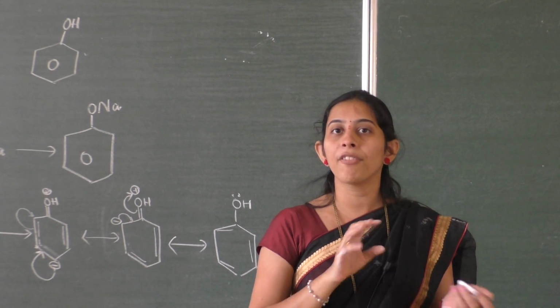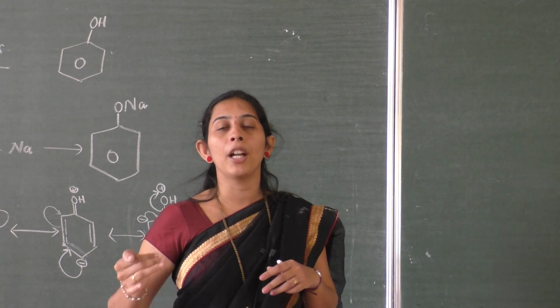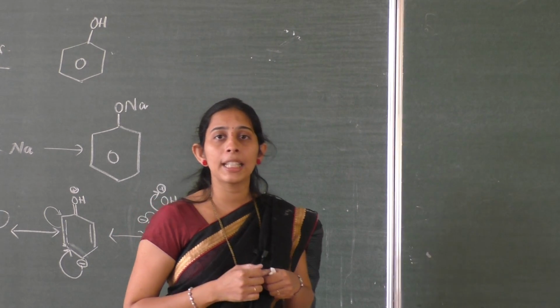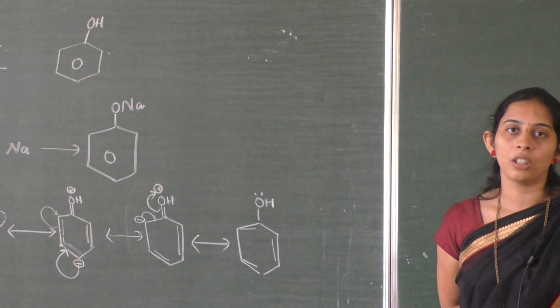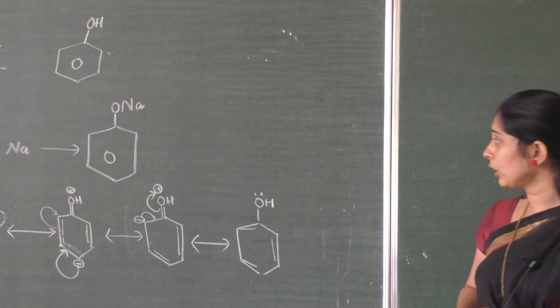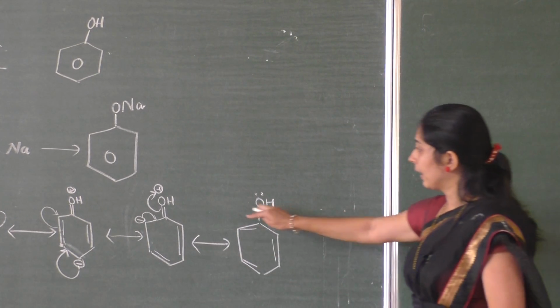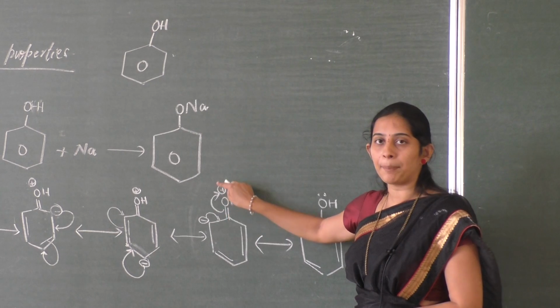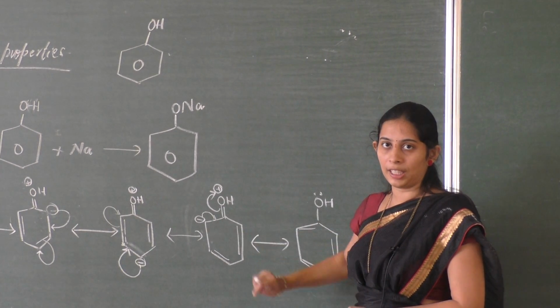Or if you compare phenol and alcohol, phenol is more acidic compared to an alcohol. What may be the reason behind it? Here in phenol there is charge separation. One is a positive charge, another one is a negative charge.